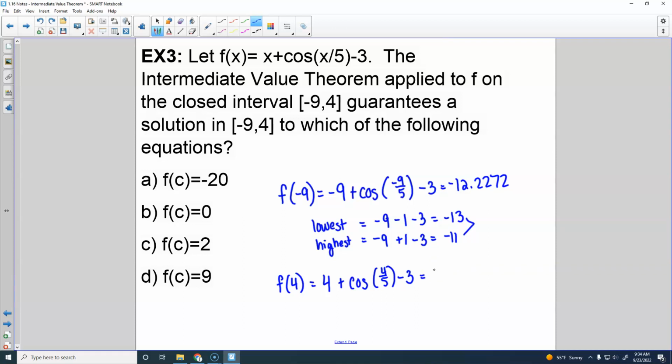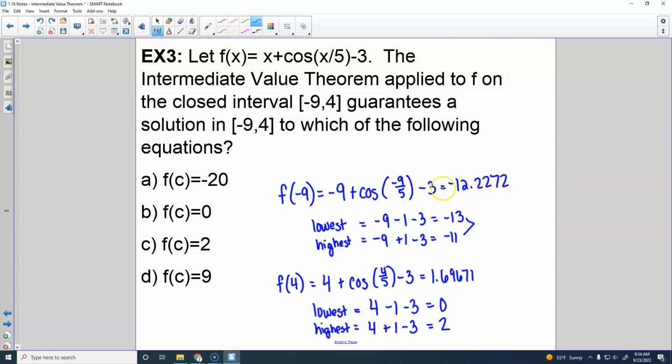Oh, no. Alright. Oh, green button. Alright, I get 1.69671. If we think, again, about lowest and highest, in case this shows up calculator inactive, that'd be 4 plus the lowest, -1, minus 3, which would give you 0. Highest would be 4 plus 1 minus 3, which would give us 2.